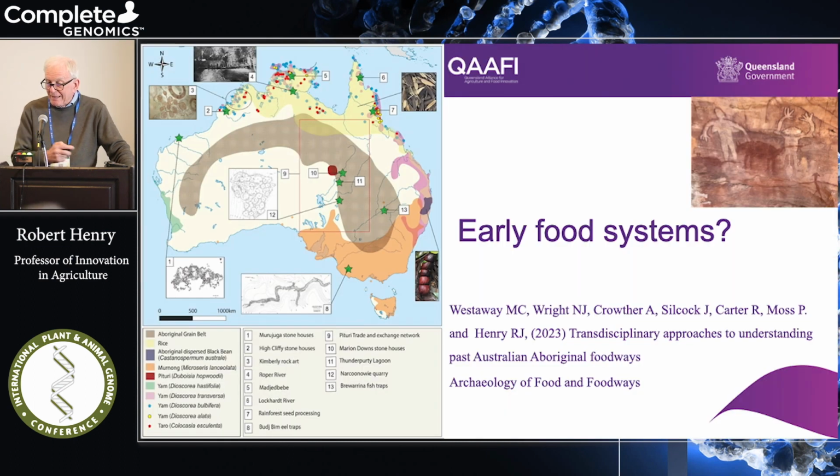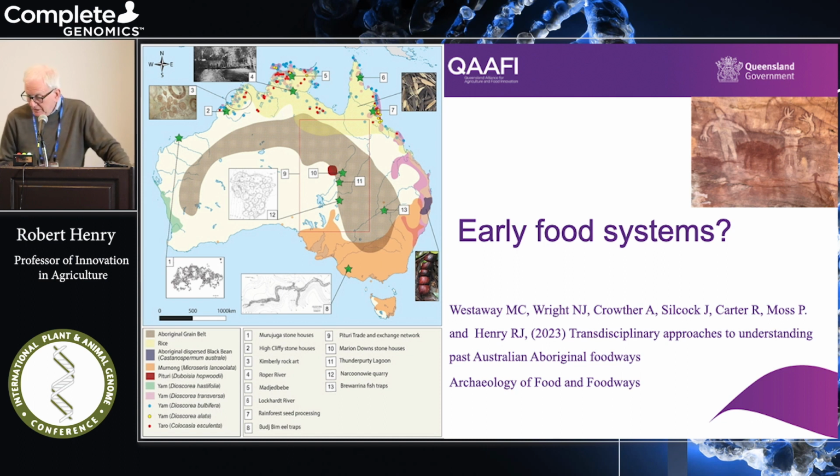We're also going back in time, looking at what plants people were eating in Australia 50,000 years ago, because people were harvesting and consuming plants across that landscape, and we don't know what species. So we're out in the deserts now trying to find particularly the cereal relatives that are there, sequencing those, and we've just discovered a new millet that looks very exciting in the deserts in Central Australia.